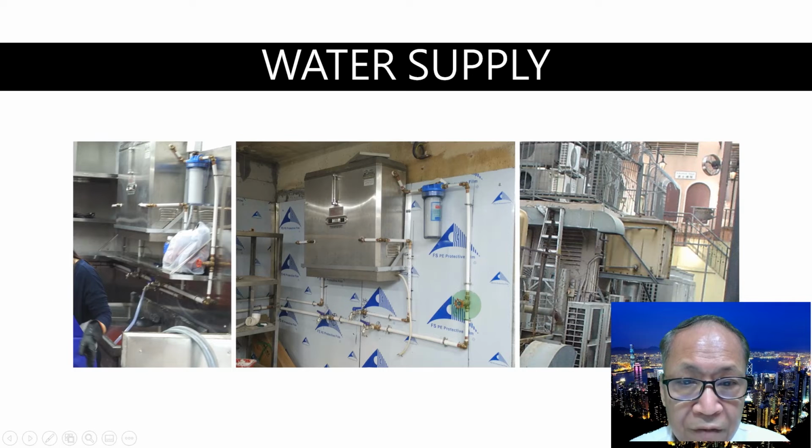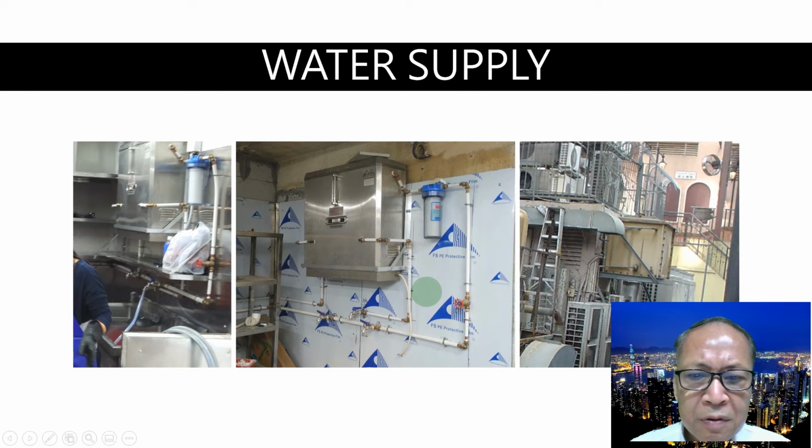This is the gate valve, and this is the water filter, and it goes into the water heater here, and the hot water goes out here. We can't hide the hot water pipe in the wall, because it expands, elongates, when the hot water goes through the pipe.